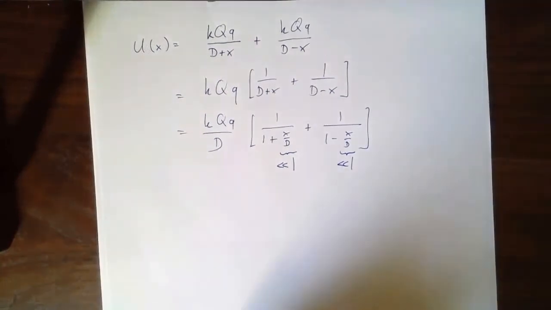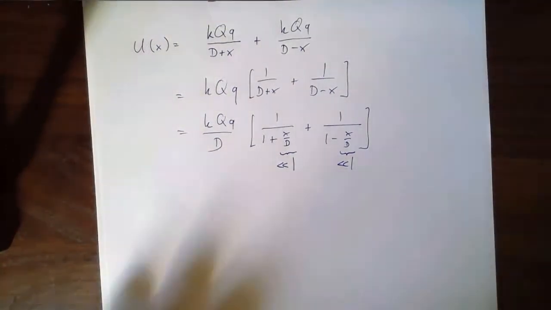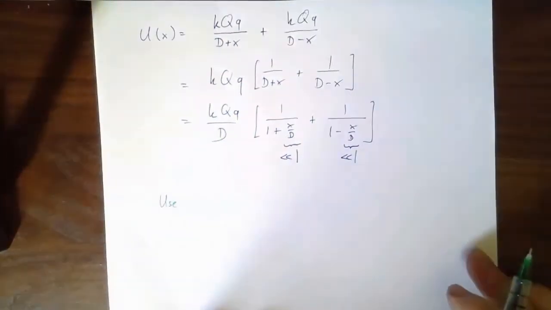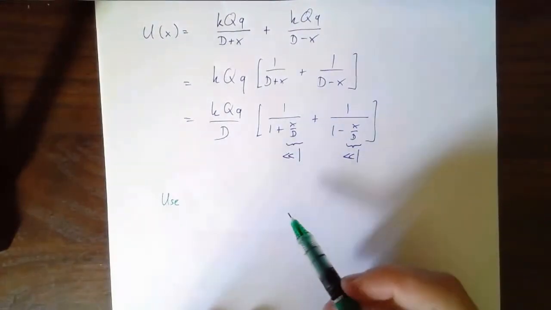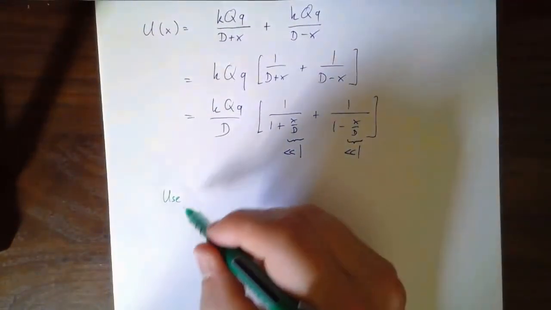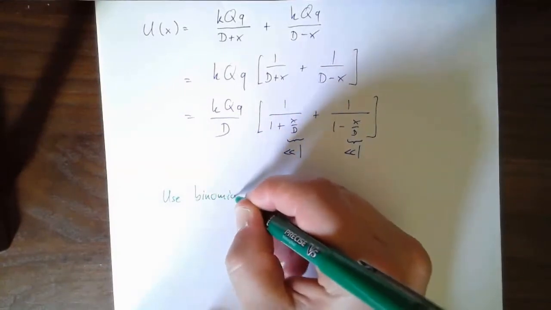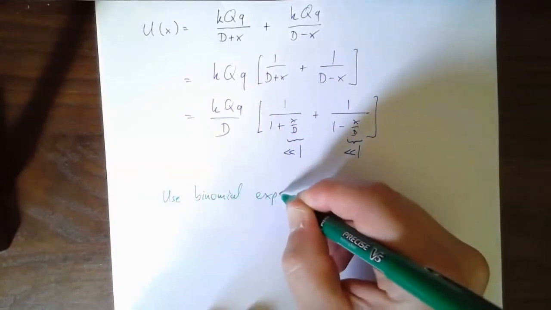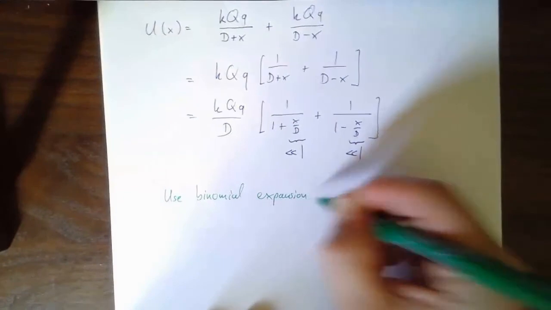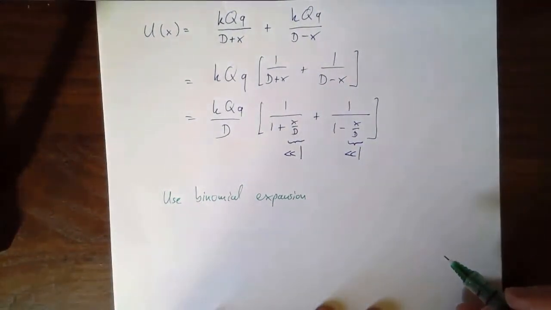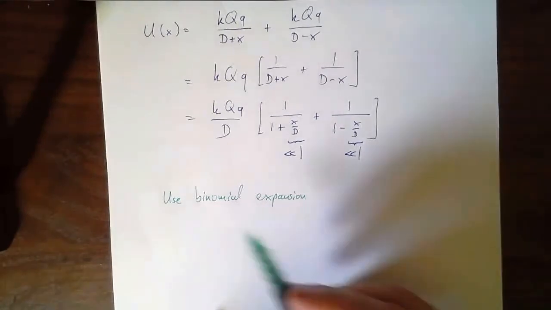So now I can use what's called the binomial expansion. Again, that's part of your toolbox as a physicist, or if you're in a related field of physical science. The binomial expansion is in the back of your textbook in the appendix. You'll find it, I think on page A2, or in appendix A2.